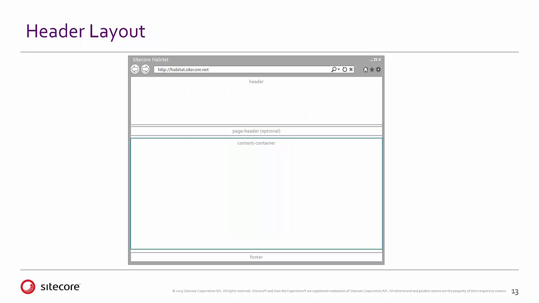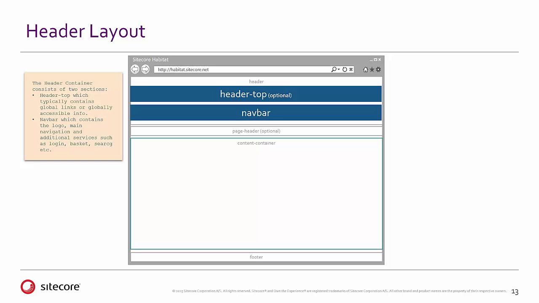So the header. Let's go into the header. The header will typically contain 2 sections, or it has 2 sections by default. It has a top header, which in the standard Habitat site that you see has the little social icons and those kind of things.